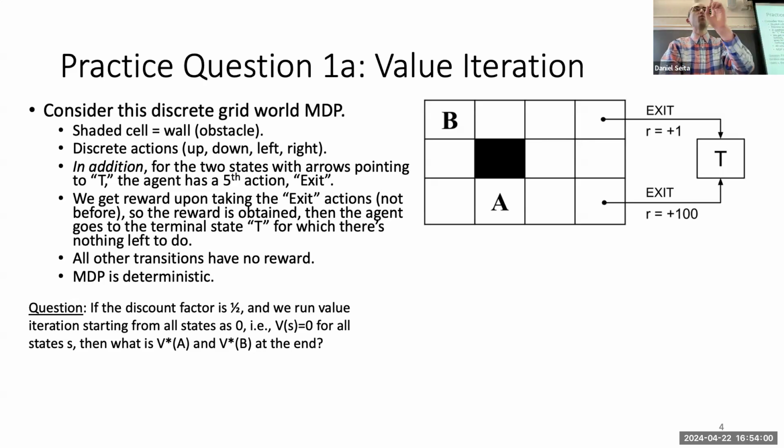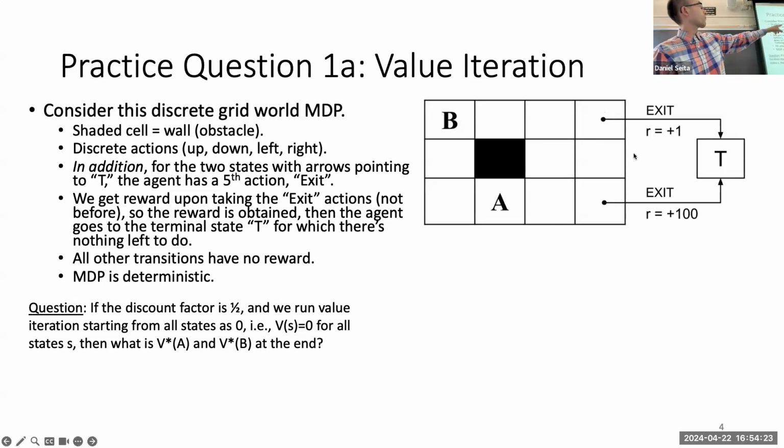But the main difference with what we had talked about in class is that when the agent is in those two states, the upper right and lower right, it can do the normal up, down, left, and right, but it has a fifth action, a special exit action.